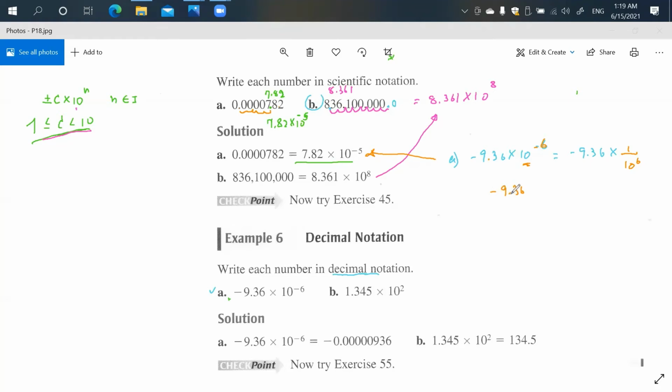Remember? So start from the decimal point here. So you count how many? 6, right? Try to get 6 digits, and the front have to be 0, 0. Negative, we can leave this one first. Don't count the negative, okay? From the decimal point you count 1, 2, 3, 4, 5, 6.